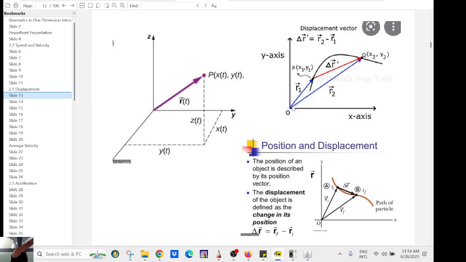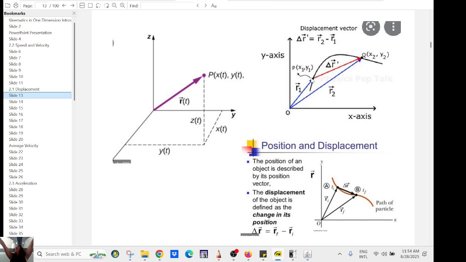That arrow here will be the vector position in 2D or 3D. So this is the initial vector position. And then maybe there is a fly over there, and it's going to end up there. That will be the final vector position.